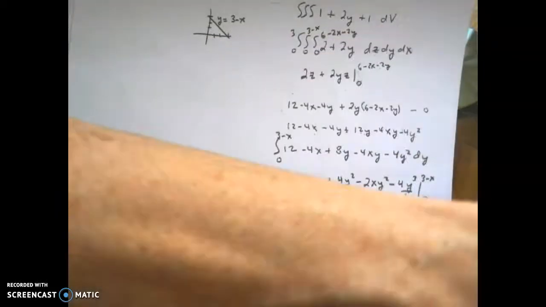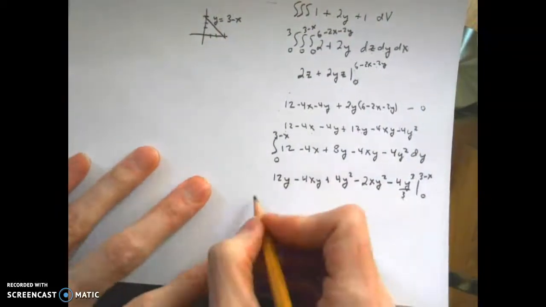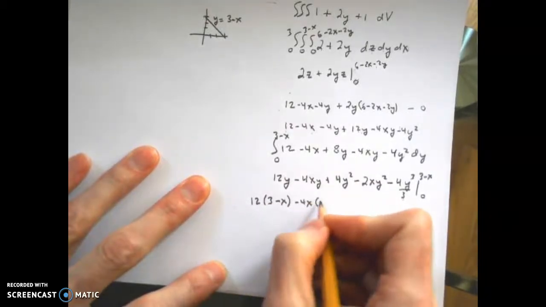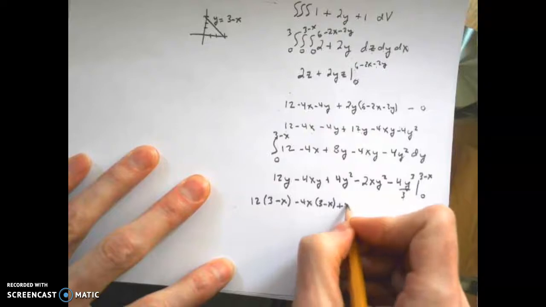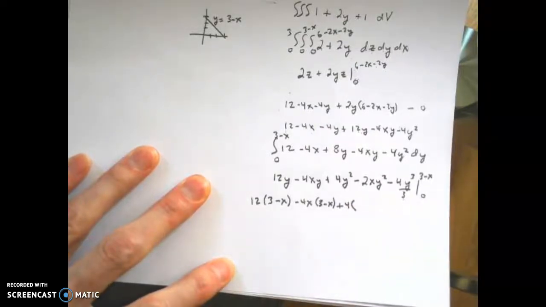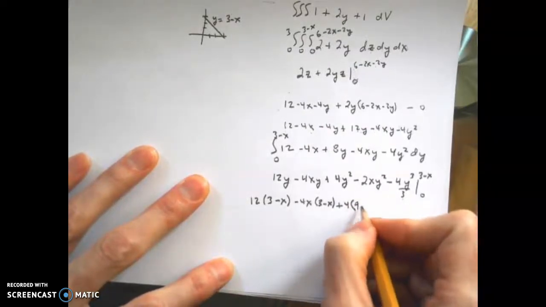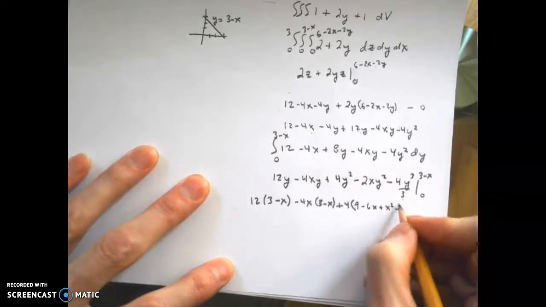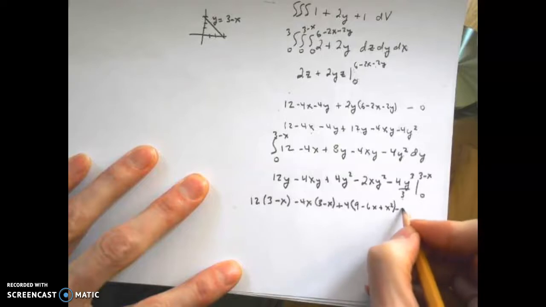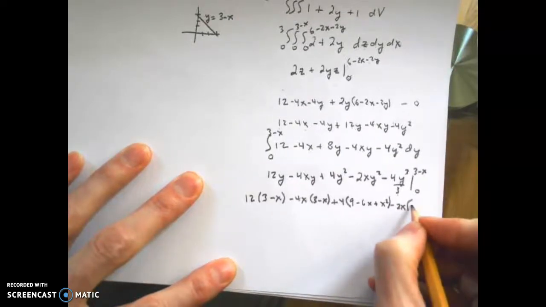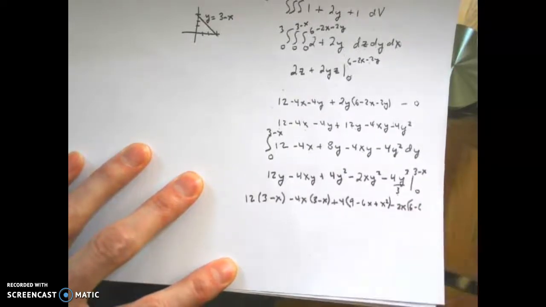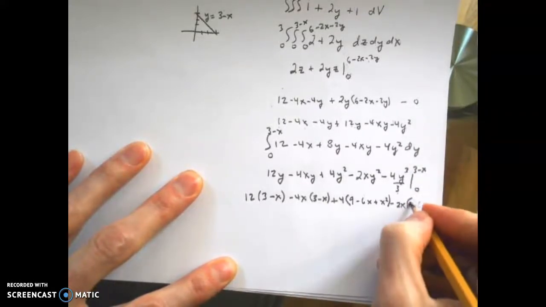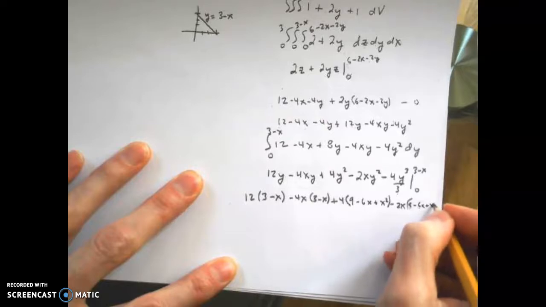This one's going to get a little bit messy, but we've got 12 times 3 minus x, minus 4x times 3 minus x, plus 4 times y squared. So this thing squared is going to be 9 minus 6x plus x squared, minus 2x times 9 minus 6x plus x squared.